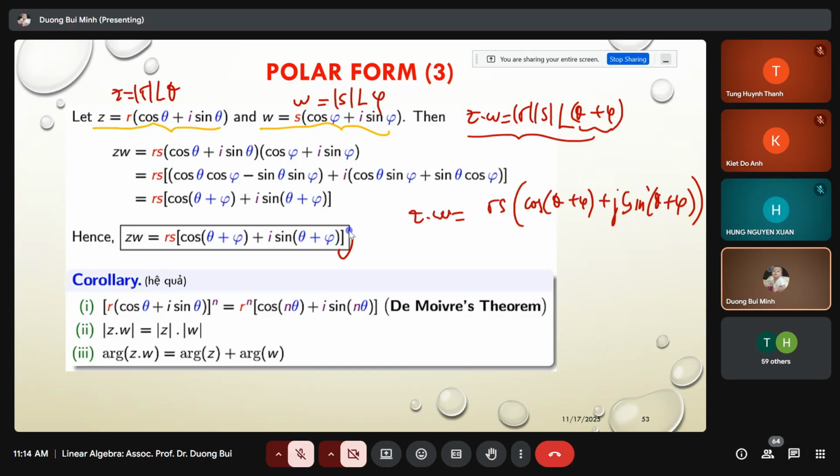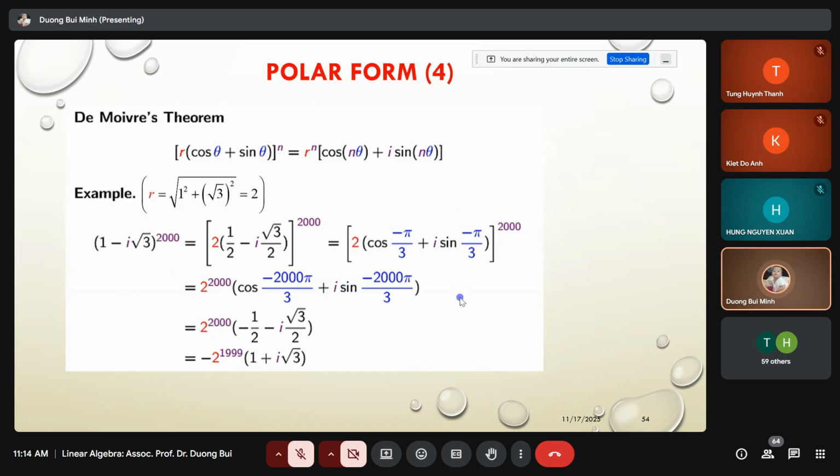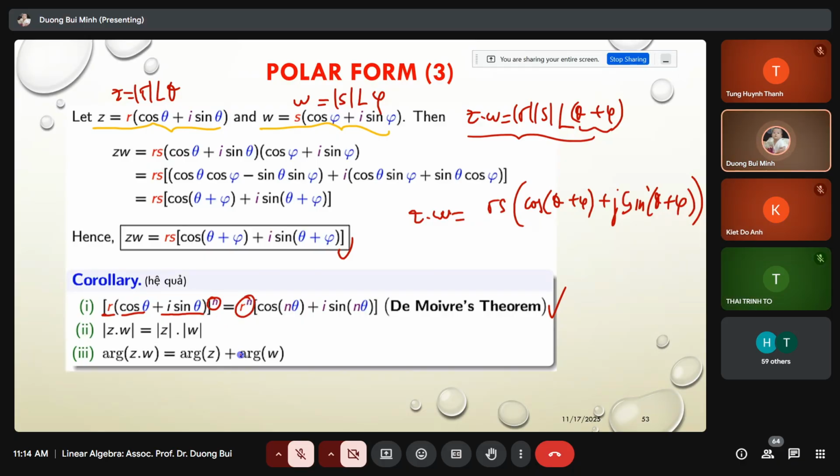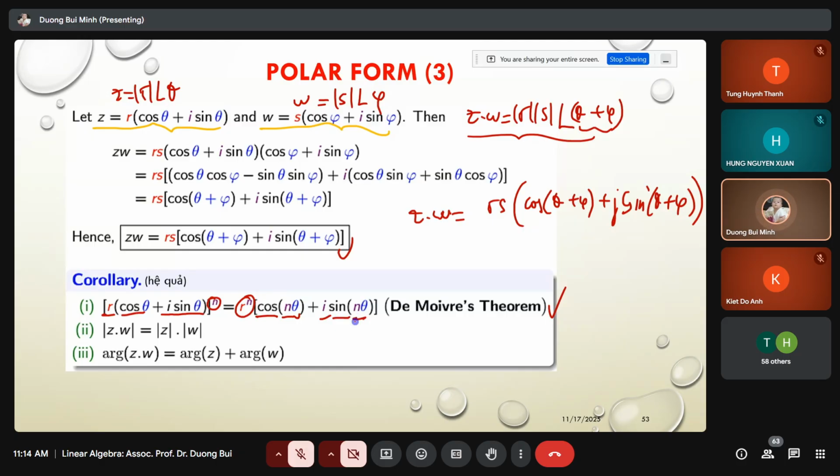Then De Moivre's theorem. This is an interesting theorem. For example, we have r times cosine theta plus j sine theta, to the power of n. You can get r to the power of n times cosine n theta plus j sine n theta.